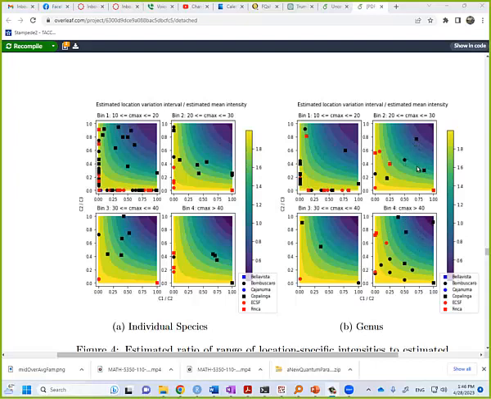These have lower variation. These have high variation. This has very high variation. And here also, most of them have very high variation. You have a few that are lower variation. Yeah, by species we find high variation, and by genus we have less variation. In many cases, yes.